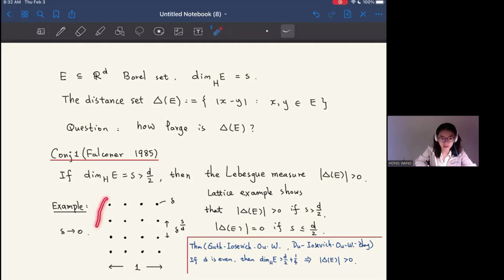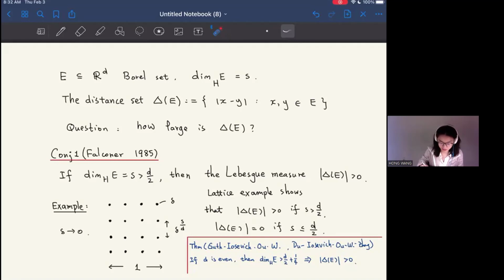If we let delta go to 0, or iterate this picture many times, then this lattice example will show that the Lebesgue measure of the distance set is positive if s is greater than d/2, and the Lebesgue measure of the distance set is 0 if s is smaller or equal to d/2. So this is the original conjecture of Falconer.